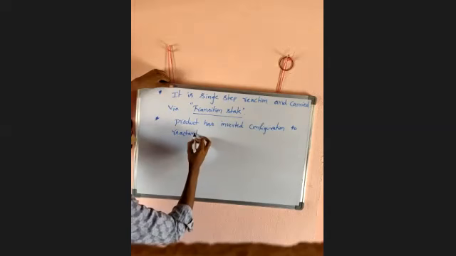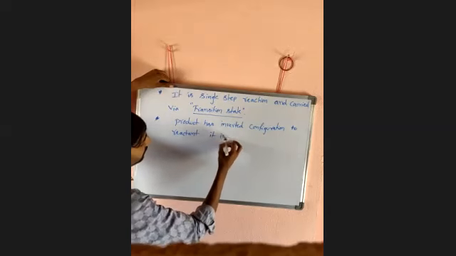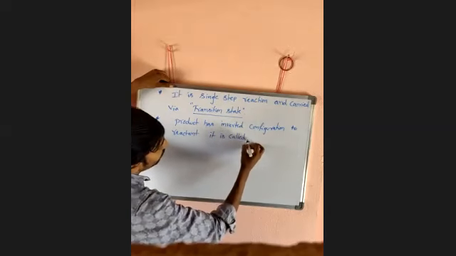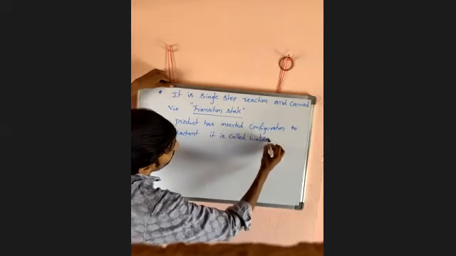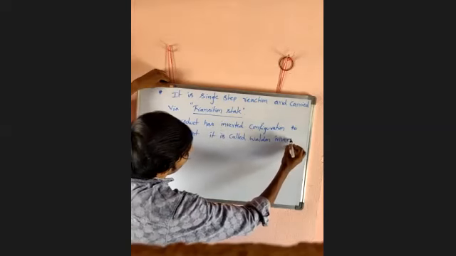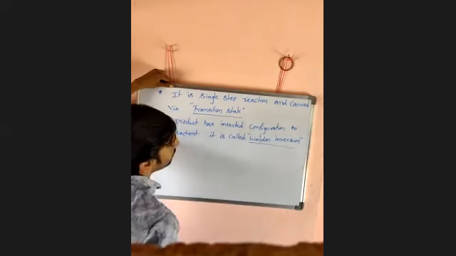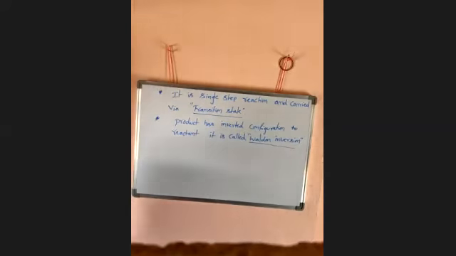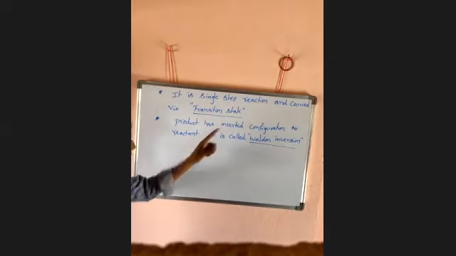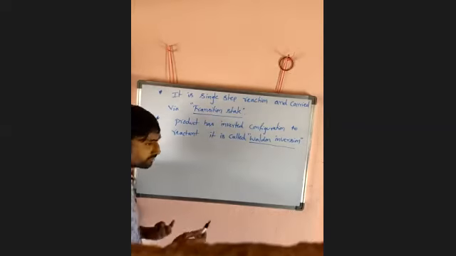It is called Walden inversion. I will explain each and every point. So look here, there is no other intermediate, the reaction is just carried via a transition state, and the product has an inverted configuration.